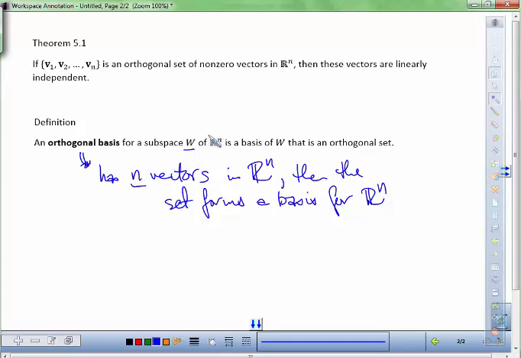And we know that Rn itself is a subspace of Rn, so we can just replace W with Rn, and that makes sense. That's okay.